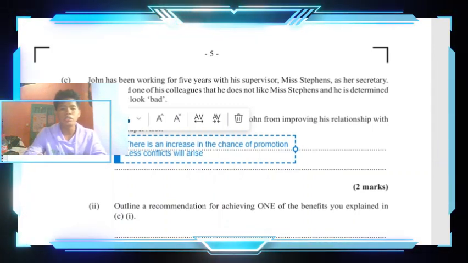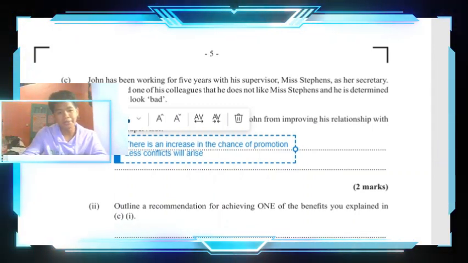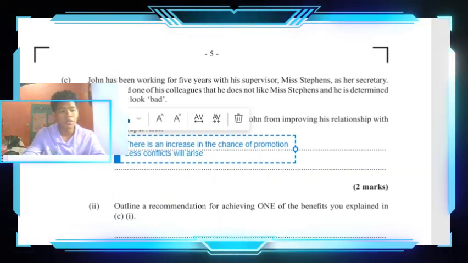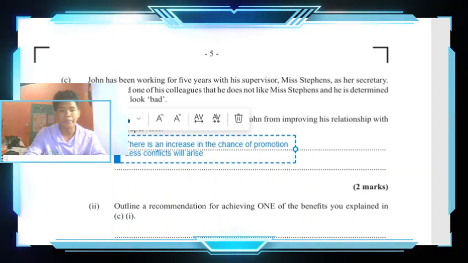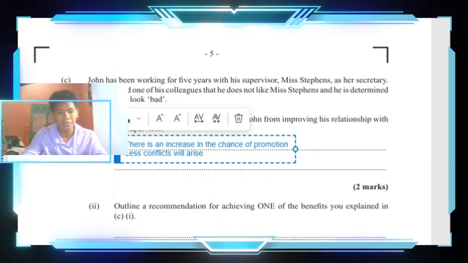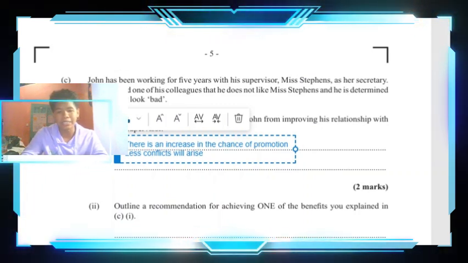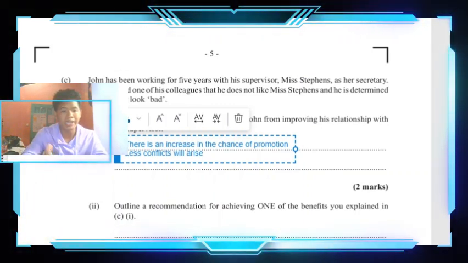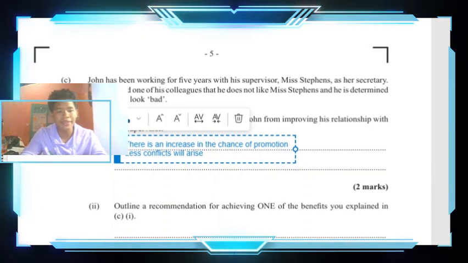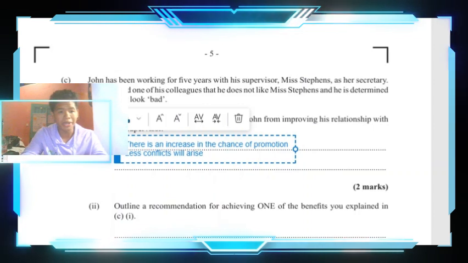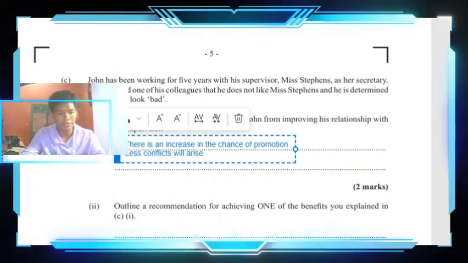So when you have a good relationship with them, when you have a profound relationship with your managers, that allows you to have less conflicts. Regardless of how good you are, you will always be in a conflict some end of the day with your supervisor, regardless of how good your work ethic is. No one is perfect.